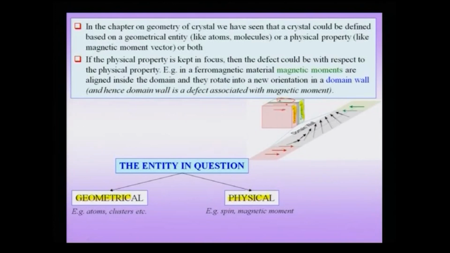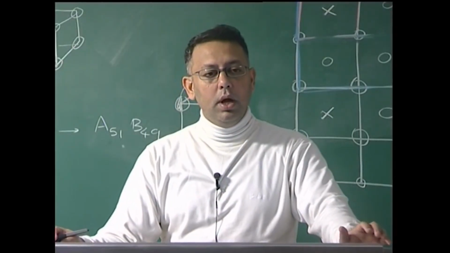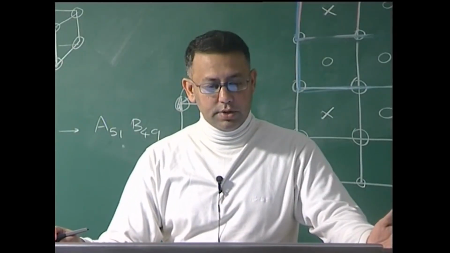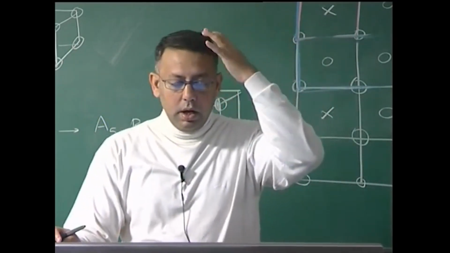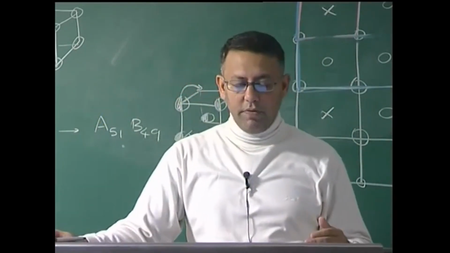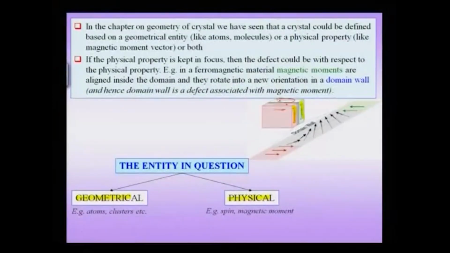Now, a domain wall represents a defect in the domain structure exactly analogous to a grain boundary in a crystal structure. But here we have to use a definition based on a physical property, like the magnetic moment or the spin vector, rather than a structural definition like an atom or an ion or a molecule.